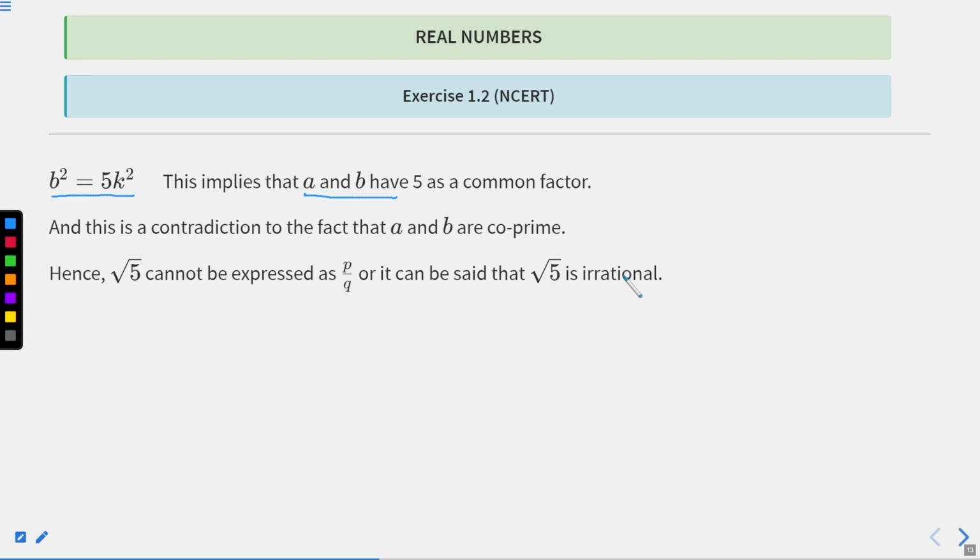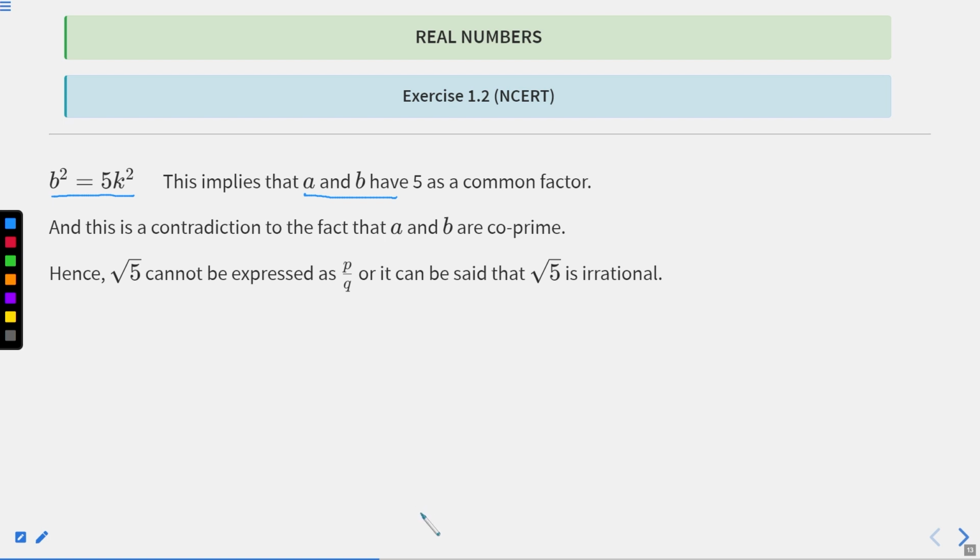That means a and b have no common factors other than 1. But here we get that a and b have 5 as a common factor, which is a contradiction to the fact that a and b are co-prime. This contradiction has arisen because our assumption that root 5 is a rational number is wrong.